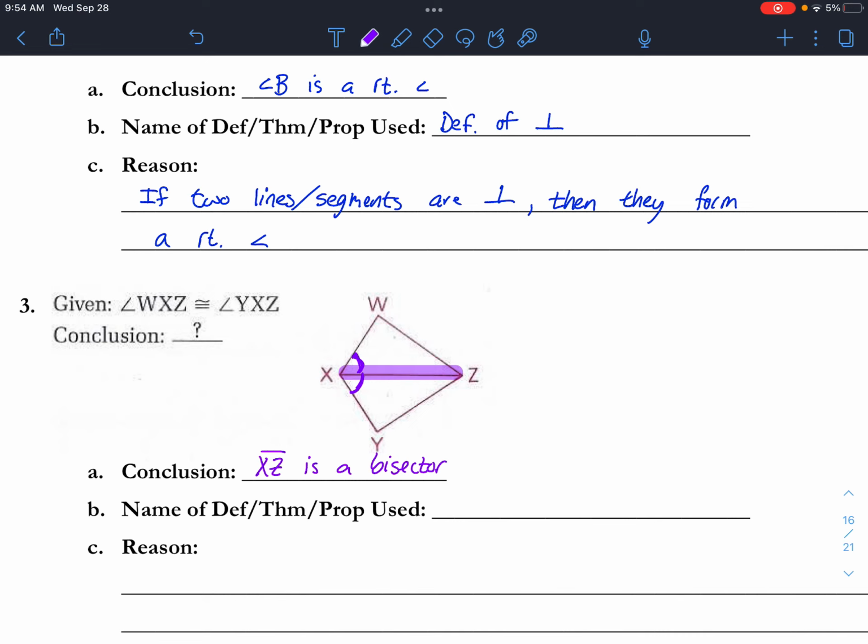So the definition that we are using, we're going to use the definition of an angle bisector, because we do have the other bisector as well.